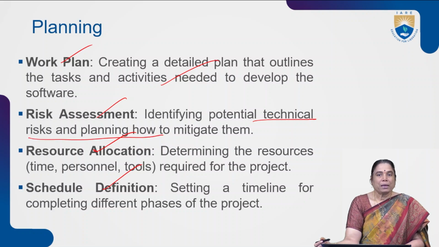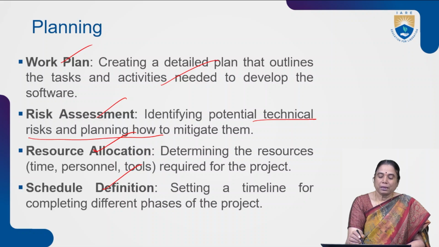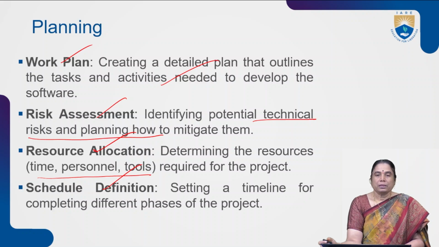So, risks may be identified, prioritized, categorized, and risk mitigation plans are developed. In resource allocation, determining the resources like time, personnel, and tools required for the project. In schedule definition, setting a timeline for completing different phases of the project.